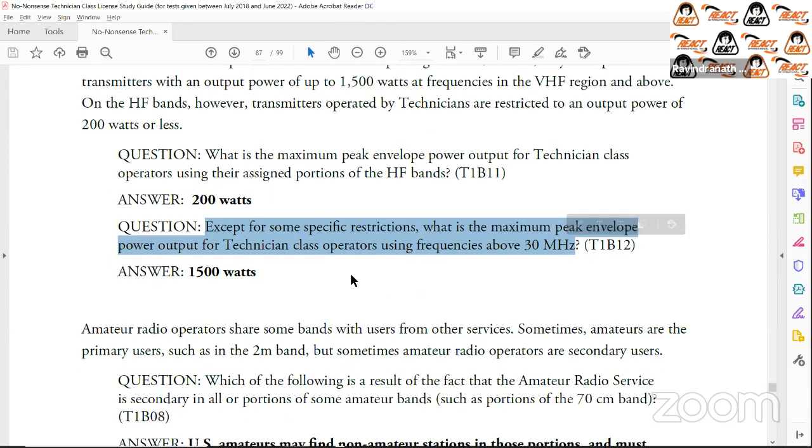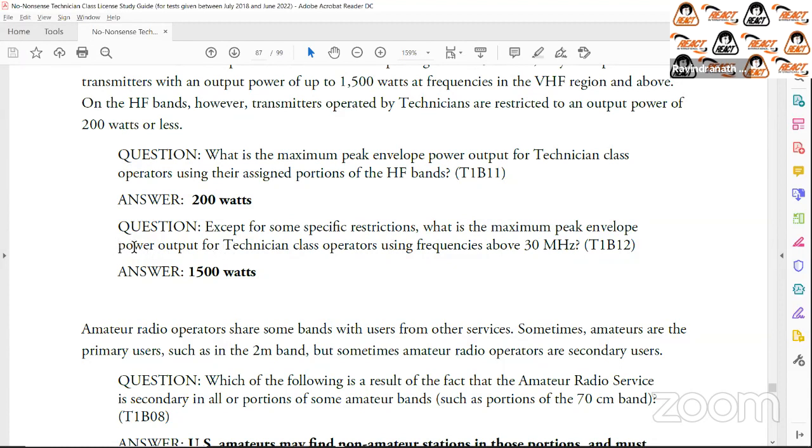Next question. Except for some specific restrictions, what is the maximum peak envelope power output for technician class operators using frequencies above 30 megahertz? So let's dissect that question. We did that in a slide today. So they're asking us again, what's the power? They're making it sound fancy by telling you about the maximum peak envelope power.